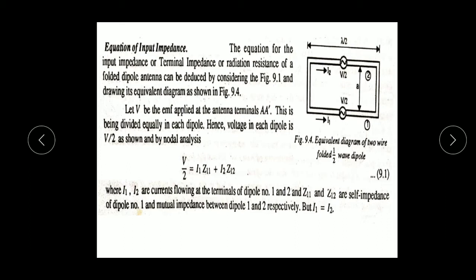By nodal analysis, V1 equals I1 Z11 plus I2 Z12, where Z11 is the input impedance of the antenna and Z12 is the mutual impedance between dipole 1 and dipole 2, and currents I1 and I2 flow at the terminals of dipole 1 and dipole 2.